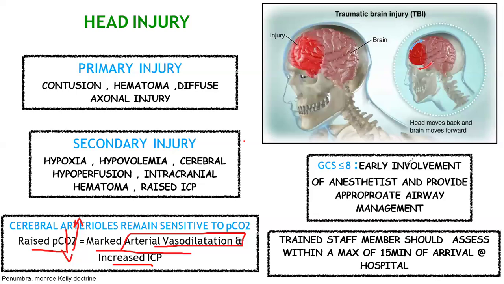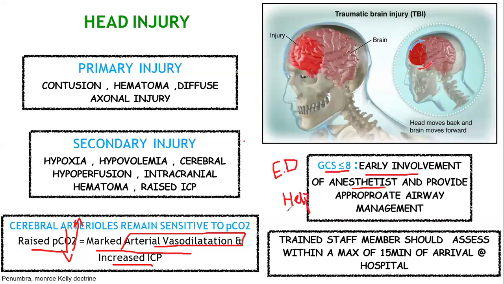Some important points to be noted: if GCS is 8 or less than 8, then you have to involve the anesthetist early. This is the thing which I was discussing in the group today, that there are some domains of the ED physician, what you have to do, and at which step you have to take the help of other disciplines, right?